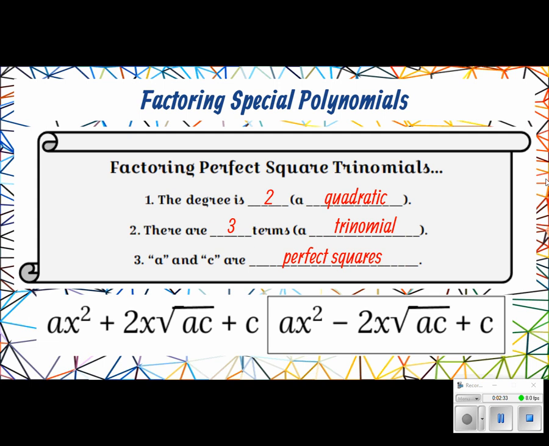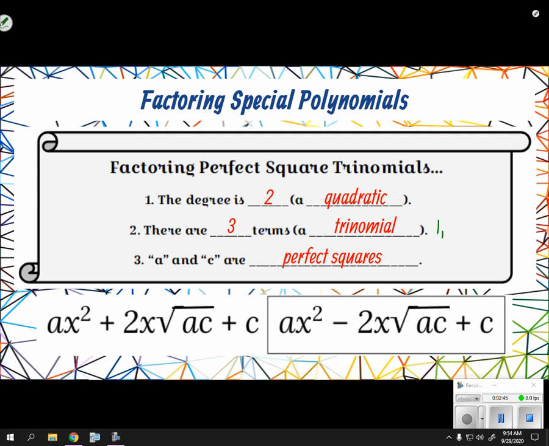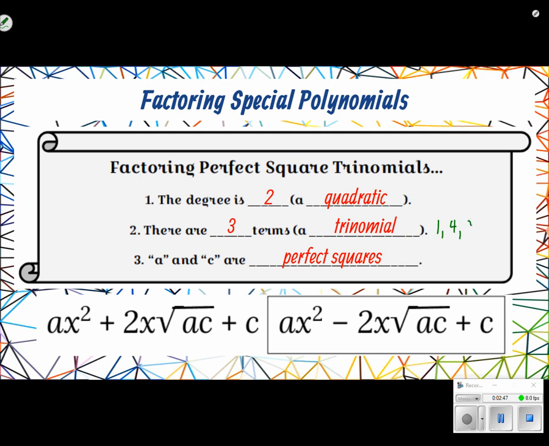So if you are doing these types of problems, then you are going to be on the lookout for perfect squares. So let's talk really quickly about some perfect squares. 1's a perfect square, 4's a perfect square, 9's a perfect square, 16, 25, 36, 49, 64, 81, 100, 121, 144, 169.